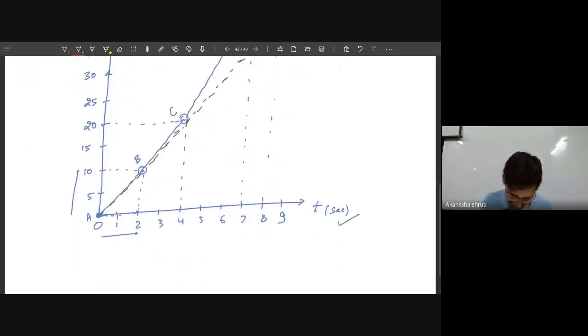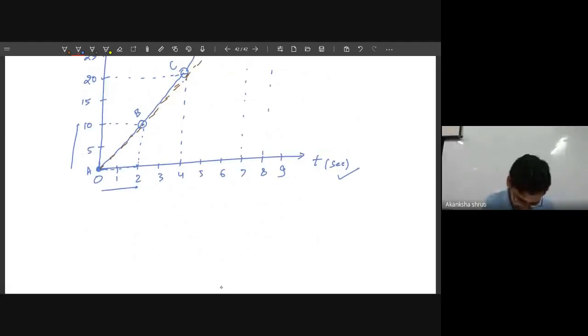So let us write. When different x is given, what does that mean? x1, x2, x3, x4.